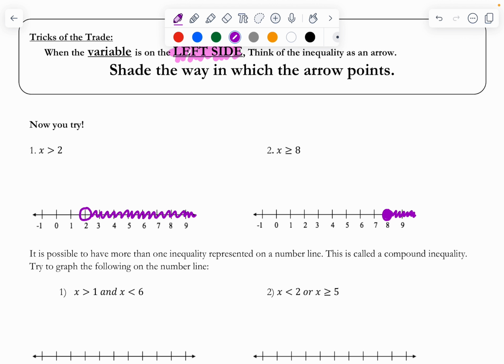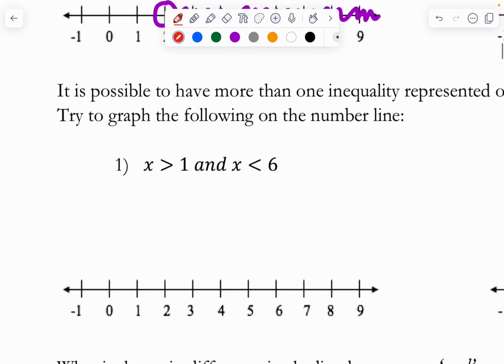Now we're going to talk compound inequalities, and we have the words and or here. Now, and is an intersection. So what we're going to see here is we want numbers that are greater than 1. I'm sketching 2 numbers, so I'm just not going to shade in just yet.